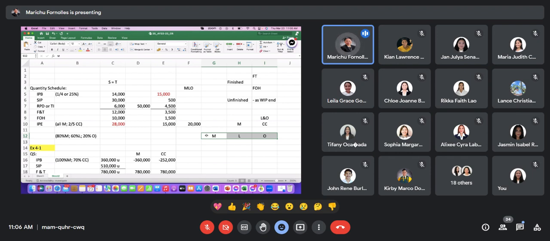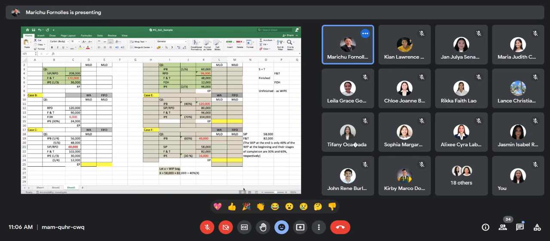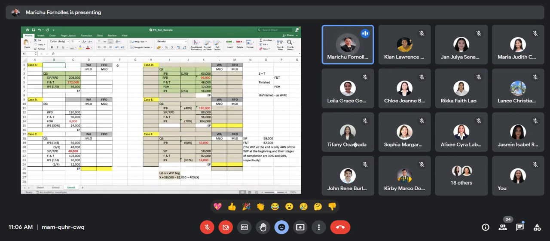Okay, so let us go back to our previous example. Okay, this one. If the quantity schedule has no work in process beginning, the EP for weighted average will be the same as your EP under first in, first out.